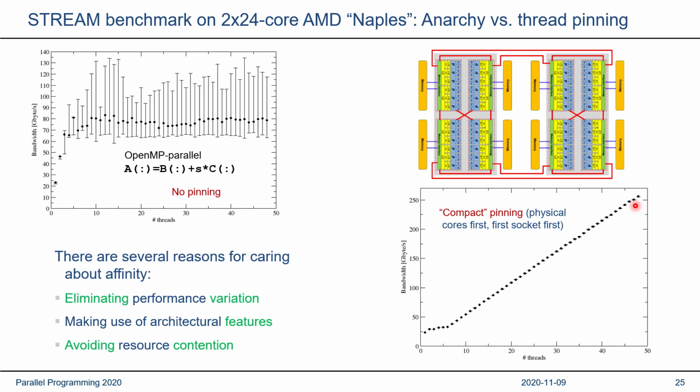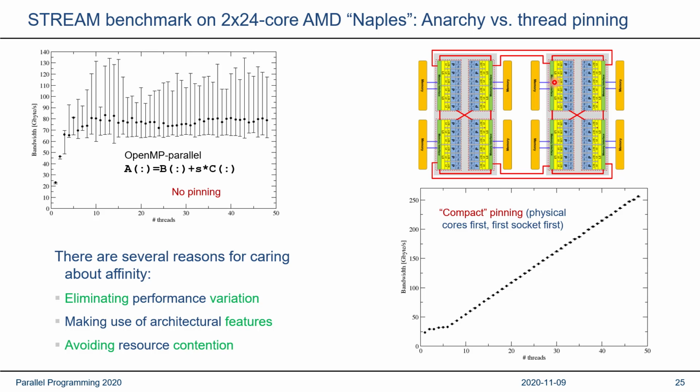There are, however, more reasons for caring about affinity apart from the elimination of performance variation. One other important reason is making use of architectural features. In these complicated topologies, we have shared and local resources, and you might imagine algorithms which actually make use of a shared cache.